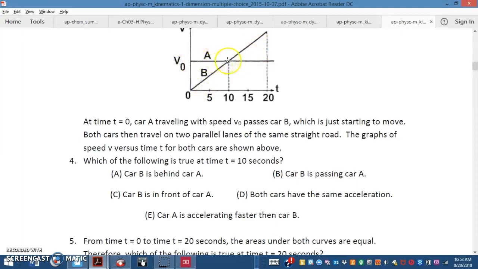So A is not accelerating because of constant velocity. You're not pushing on the accelerator pedal, you keep it constant. So acceleration is 0 in this case, whereas in this case it's not, so they do not have the same acceleration. This also takes out E, because there's no acceleration at all in A, so D and E are not working at all.